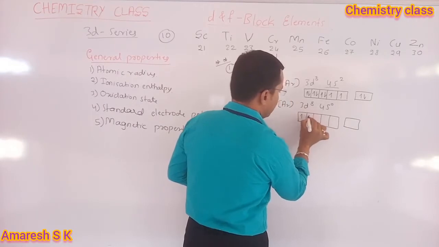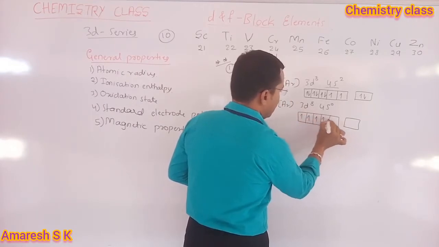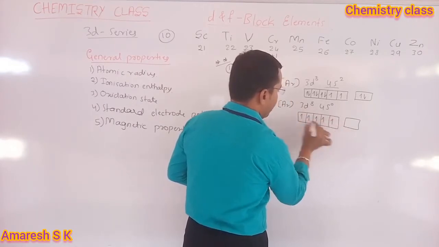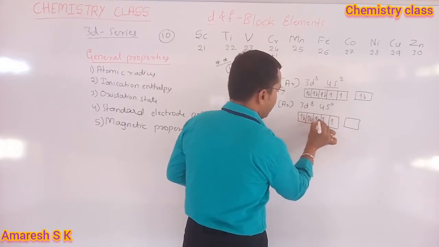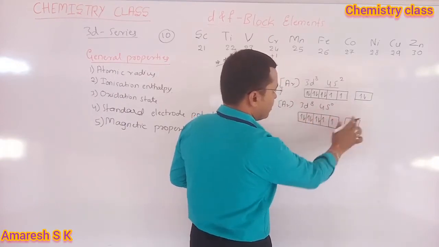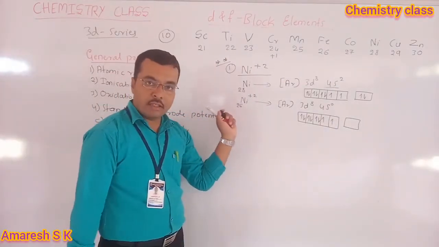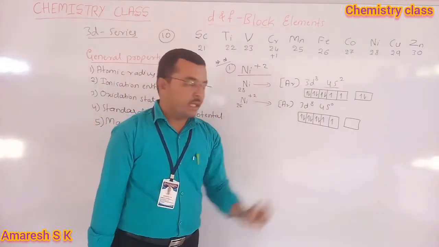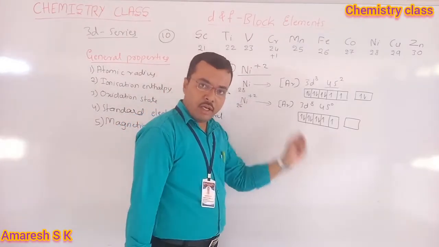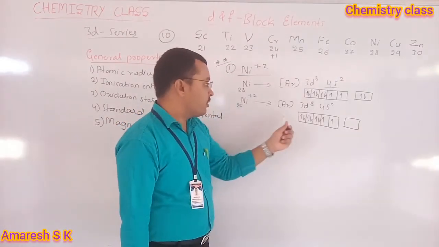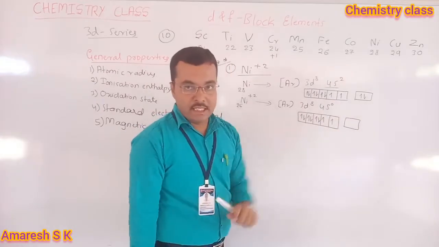According to Hund's rule, the electrons are first filled unpaired, next they are pairing. The 4s atomic orbital is completely vacant because the electrons from the 4s orbital undergo ionization and are lost. It means the 4s atomic orbital is completely 0.